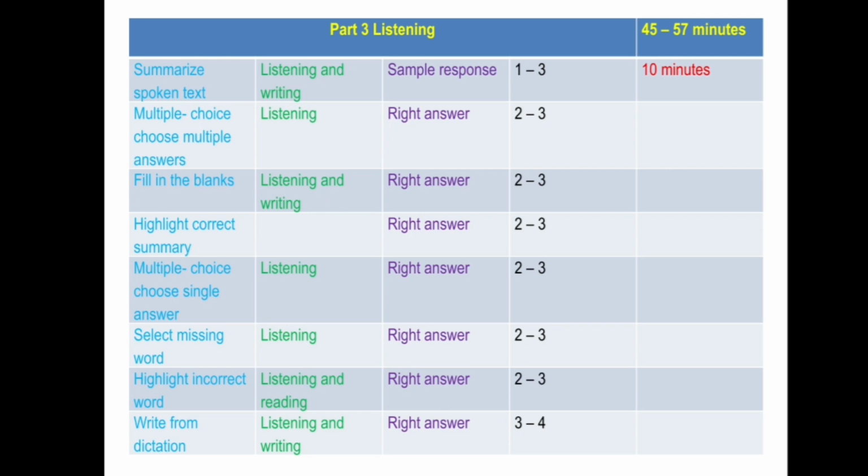And again, last but major area is write from dictation. It is almost similar to repeat sentence, where you will listen to a sentence and you have to write the sentence as it is.